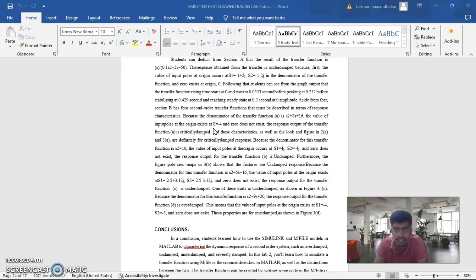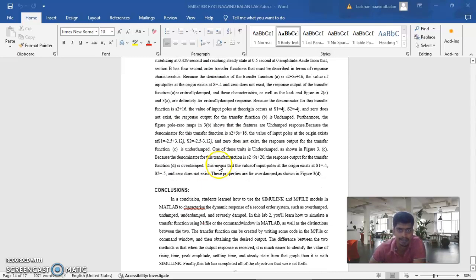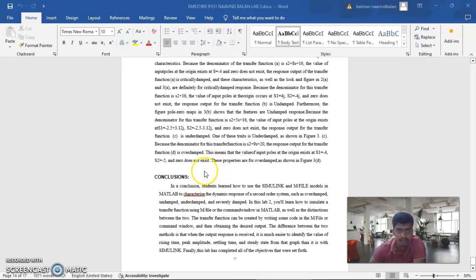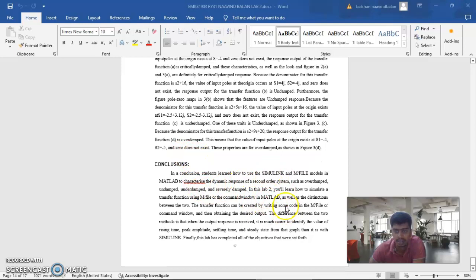Then for B, it is underdamped. Furthermore, the figure plot at 3B shows a further underdamped response. So from here, in figure C, one of these traits is underdamped and shown in figure 3C, because the output response for the transfer function is overdamped. So for D it is confirmed overdamped.